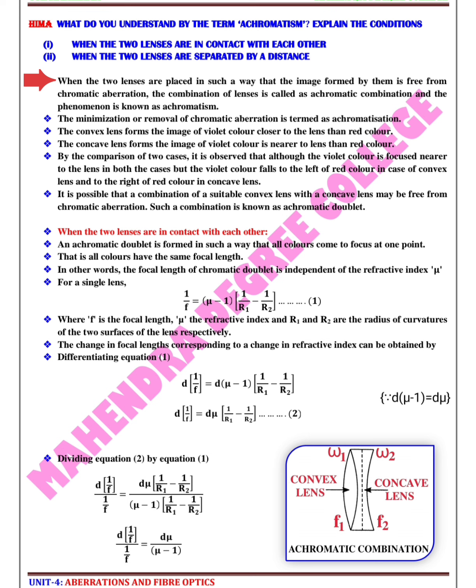The result of achromatism: the image formed by this lens pair is free from chromatic aberration. This special combination is called an achromatic combination.